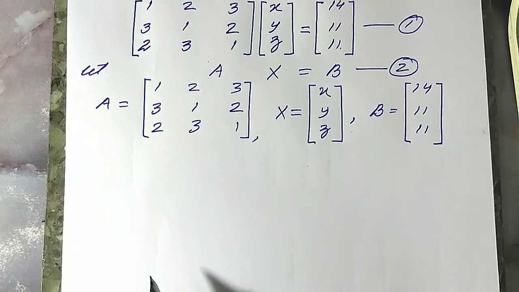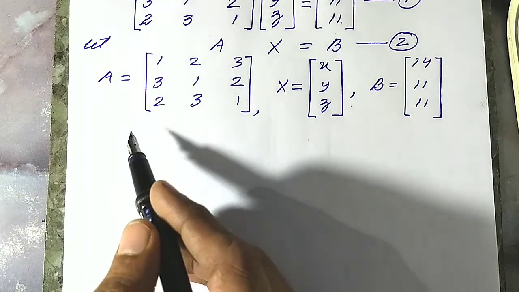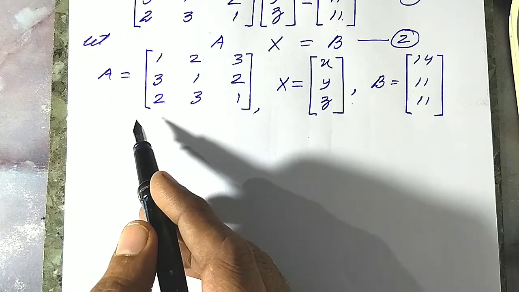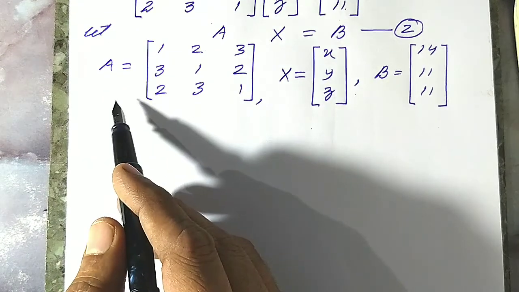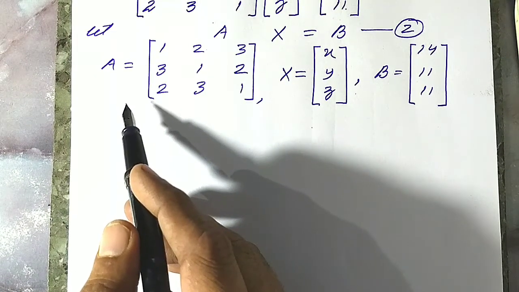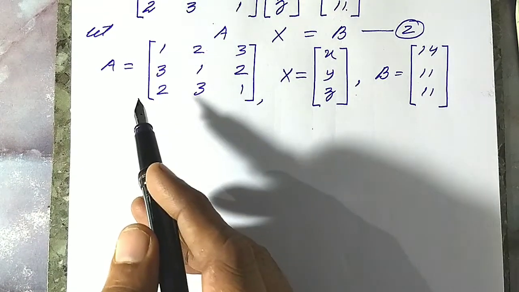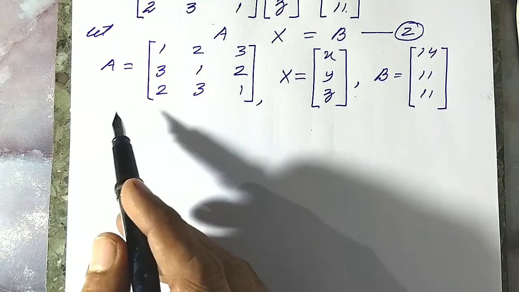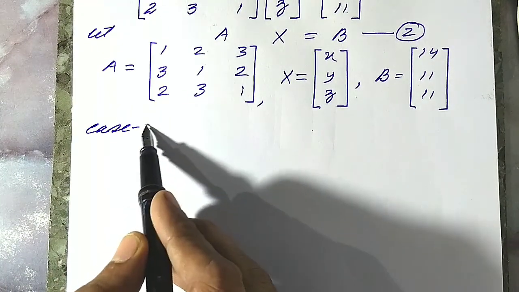Now here I would like to clarify one more thing, that before proceeding from this step, we must find the determinant of A first, because if the determinant is not equal to 0, then only we may solve these simultaneous equations. Otherwise we have to check adjoint of A into B. So here's the case first.